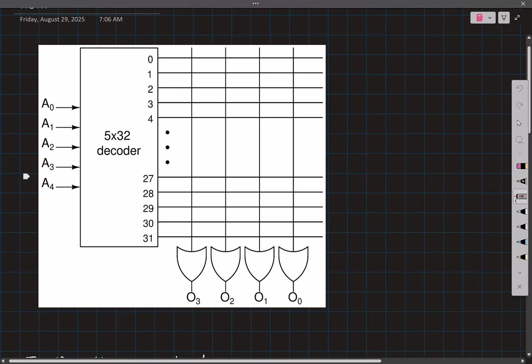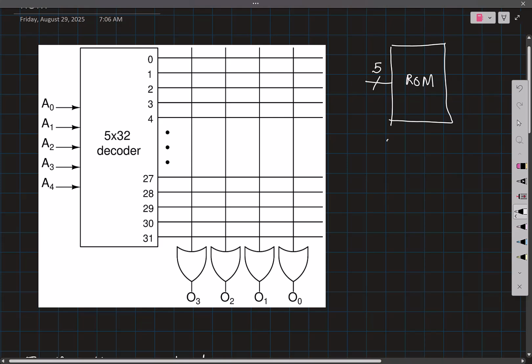Okay. Now, before I start explaining the functioning of this ROM, can you tell me how many words can be stored here? So, this is a read-only memory. How many address bits are being given? 5.